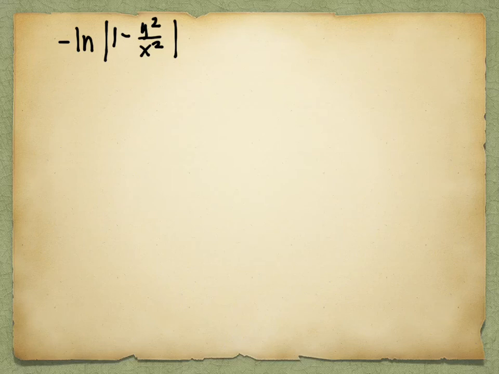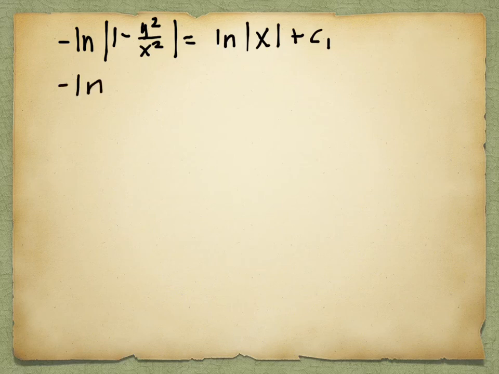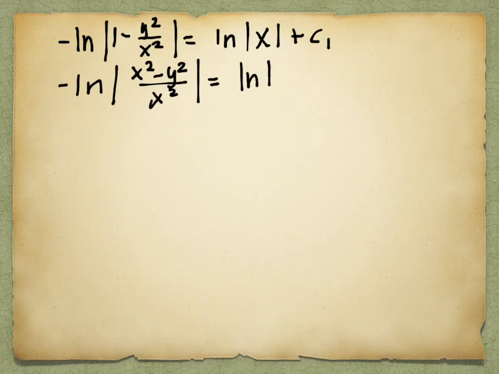And this equals, of course, the natural log of the absolute value of x, not squared, plus c1. So I can get a common denominator inside and simplify so that this ends up being rewritten as x squared minus y squared over x squared. Everybody good with that so far?